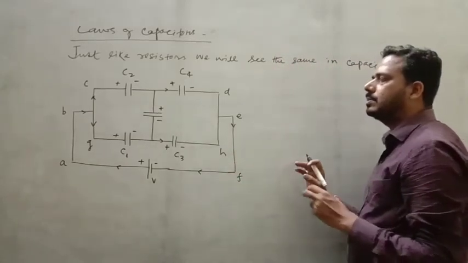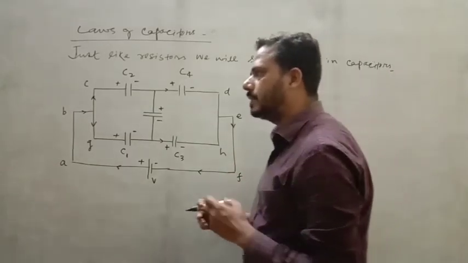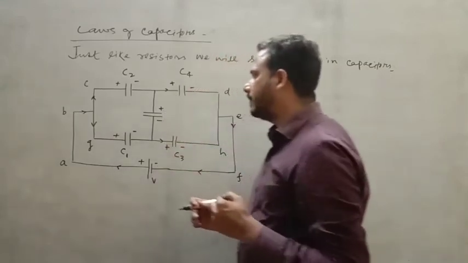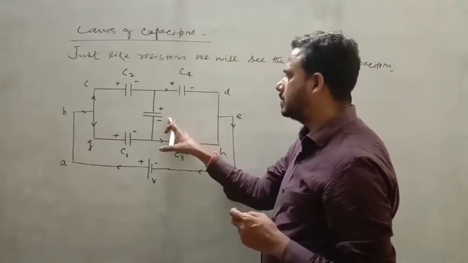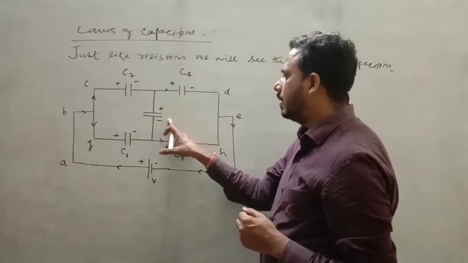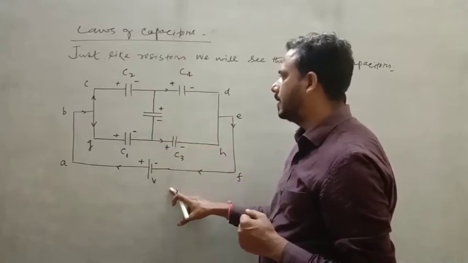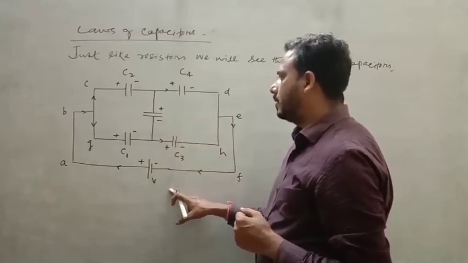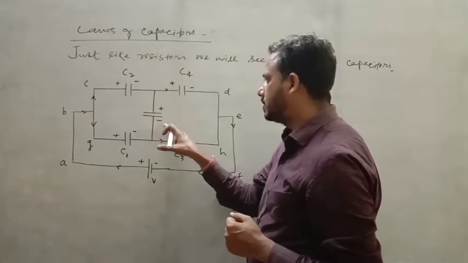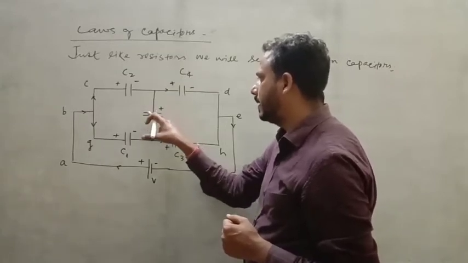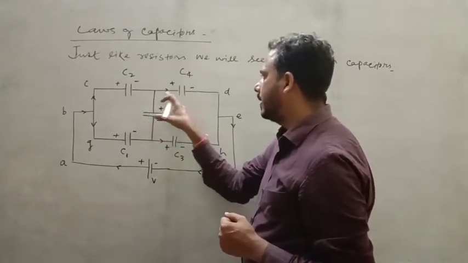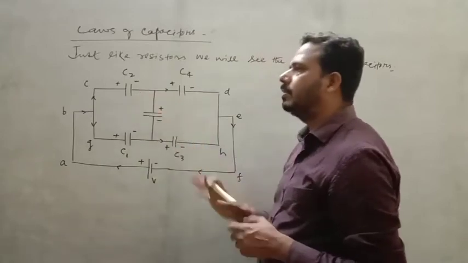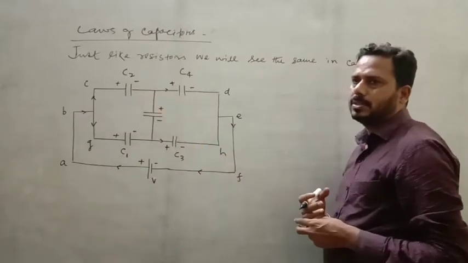In the first rule, one capacitor is not directly connected to the terminals of the potential, so the sum of the charge distributed on these plates is always constant.